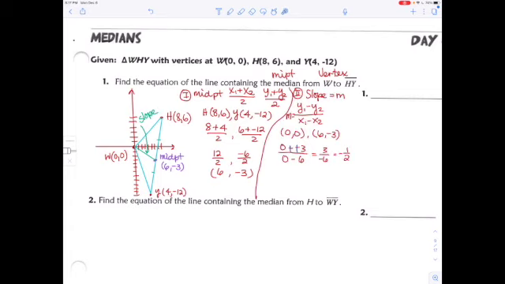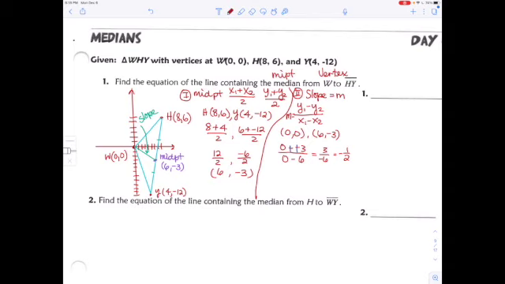The second step I did is find the slope using W to the midpoint right here. You find the slope first, y1 minus y2 over x1 minus x2. That's 3 over -6, which reduces to -1 over 2.